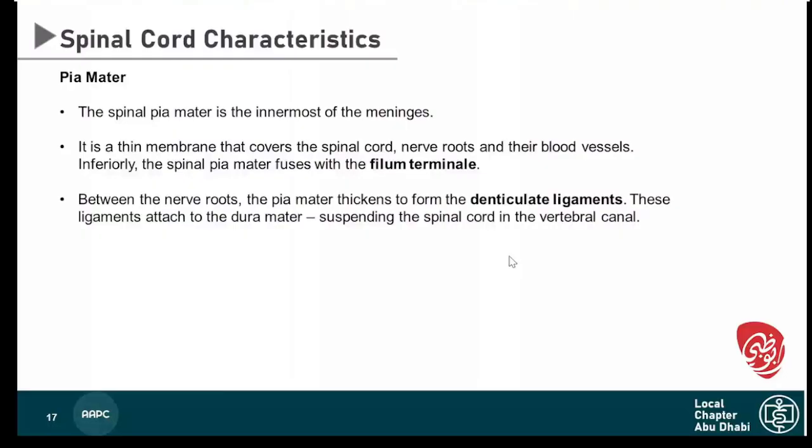So the spinal cord is a thin, delicate structure made up of nervous tissue that extends from the medulla oblongata of our brain to the lumbar region, I mean the L1 to L2 region, and this is protected by a three-layered membrane covering called what? Meninges.